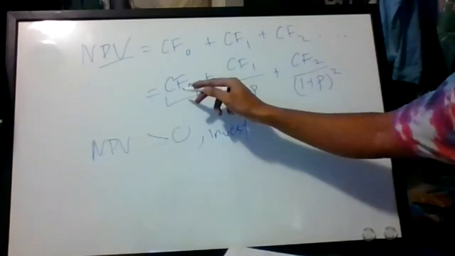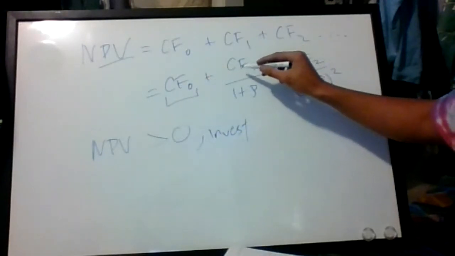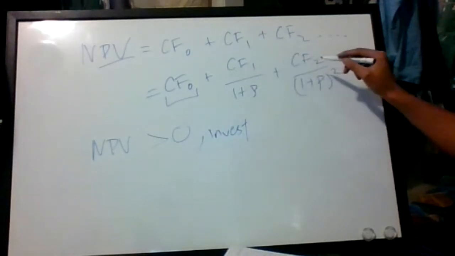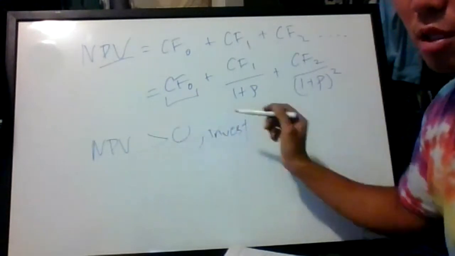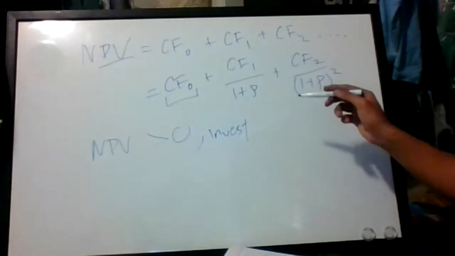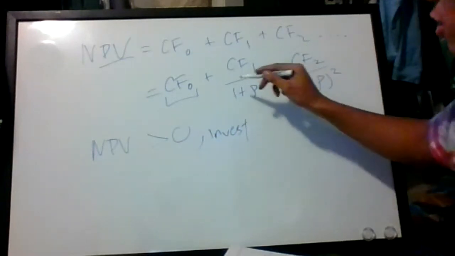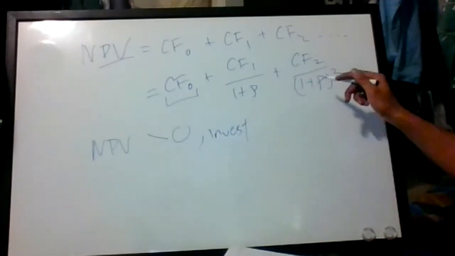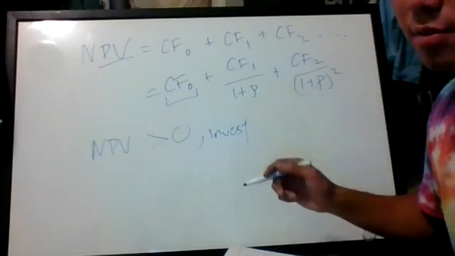So you may get negative cash flows at the beginning, but if your cash flows are positive going forward, then it's possible that your net present value is going to be greater than zero. But because those cash flows are in the future, you need to divide by 1 plus rho for whatever index you're at, and that'll get you the net present value.